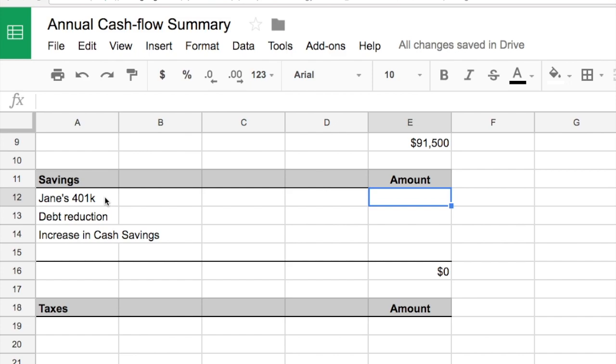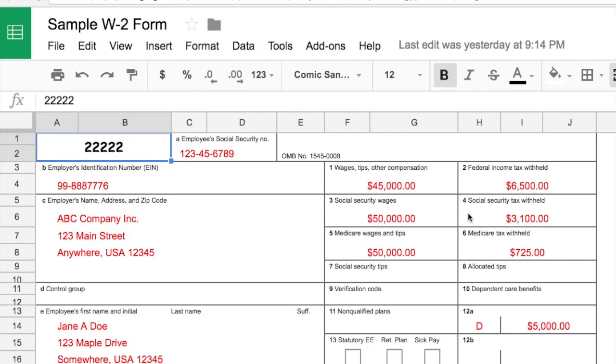But let's talk about the 401k. Well, how do you know how much you put in your 401k? Well, that's really easy. If you have the W-2 in front of you, you just look at the previous year and you say, oh, that's in box 12, and it's accompanied with a code in front of it.